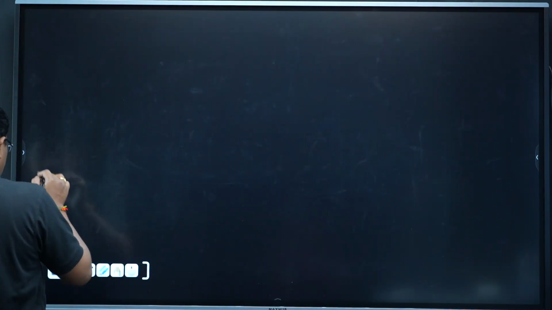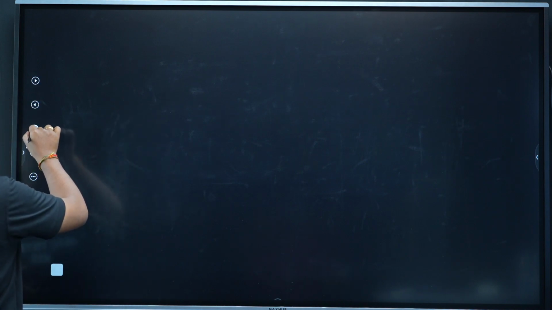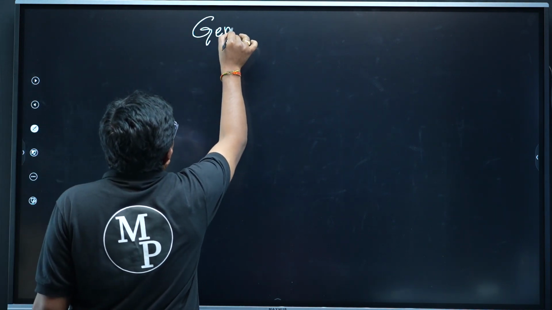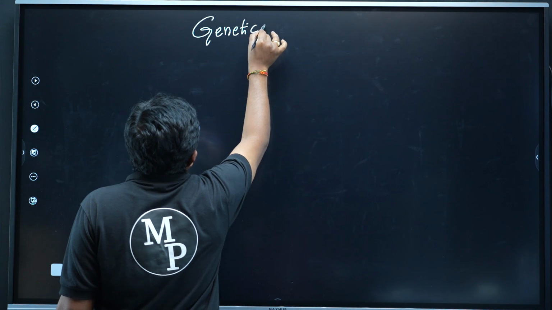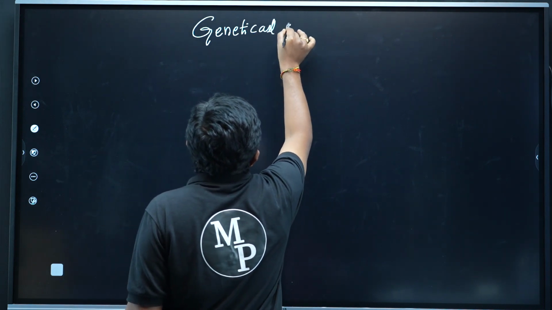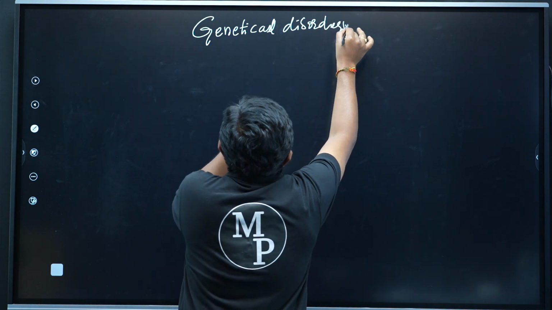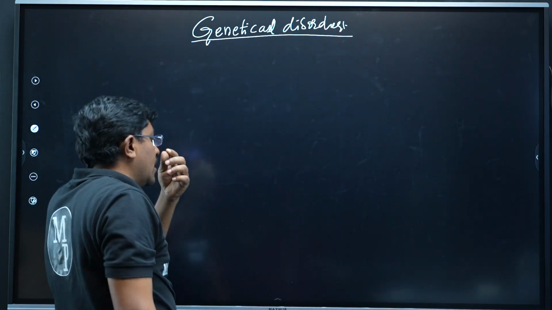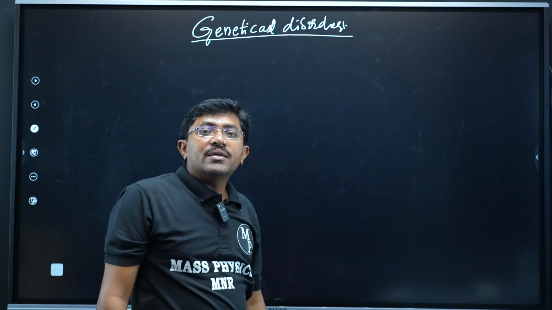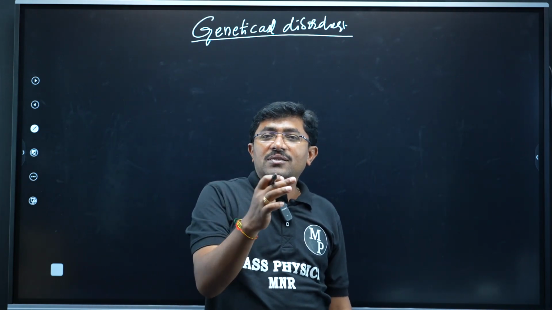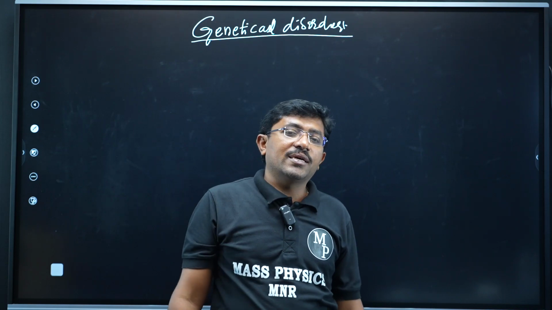In the genetical disorder, first we start with the types of genetical disorders. Genetical disorders means diseases or disorders, these are similar words here.